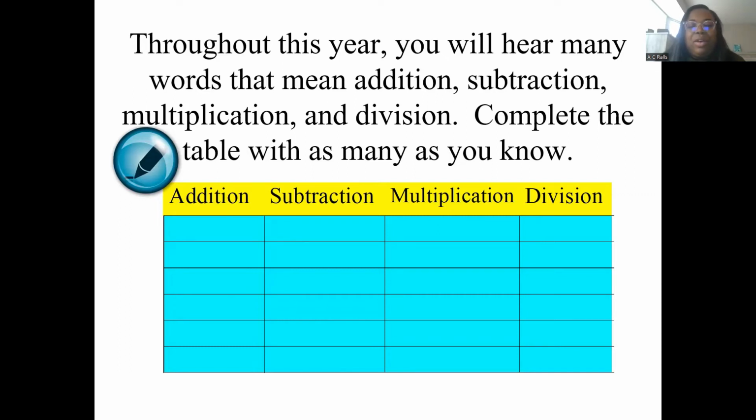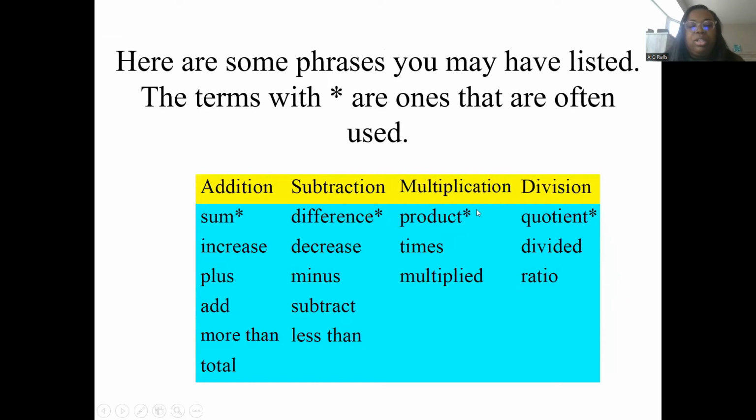All right, if you've given yourself enough thinking time, I'm going to reveal those words. These are words that you want to have in your mind when you're reading a sentence, so you'll know what operation symbol you need. A couple of these I put stars by because these are the ones that you will see.